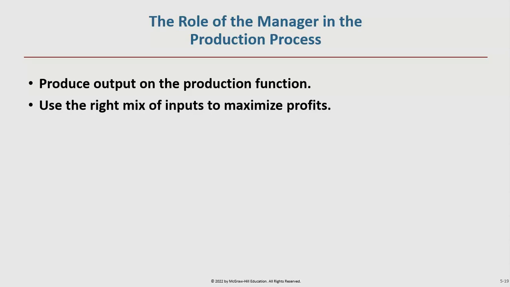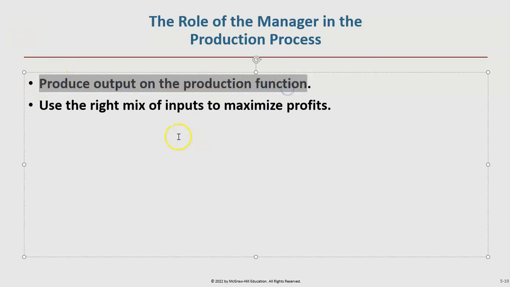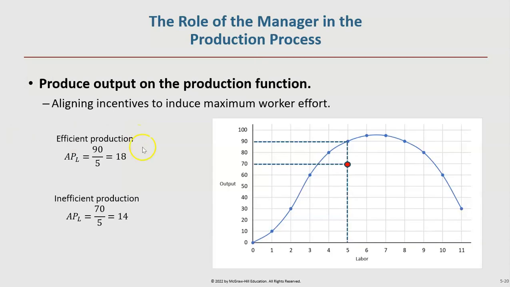Okay, so let's think about the first role of the manager. We want to produce output on the production function. And so here is the graph from the window manufacturer.